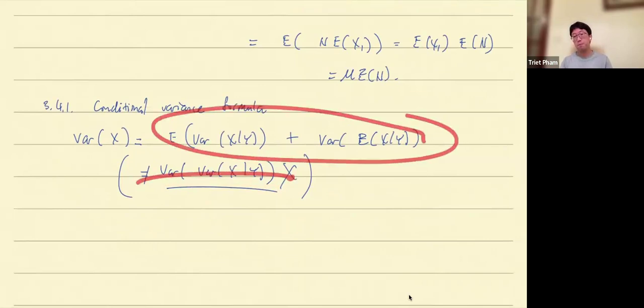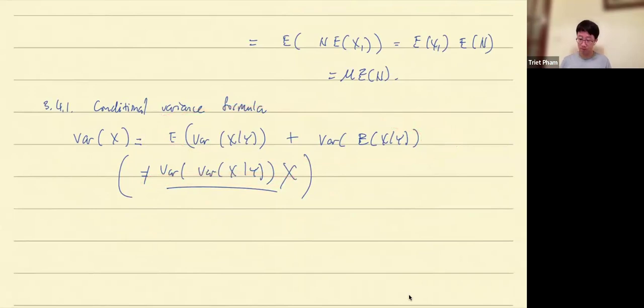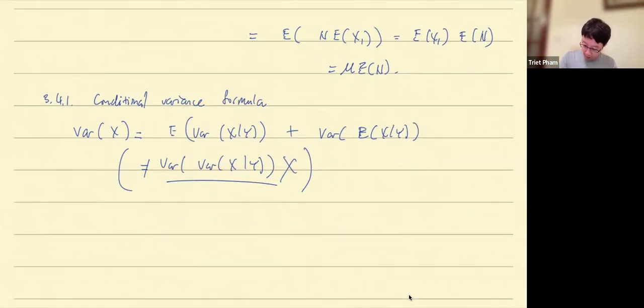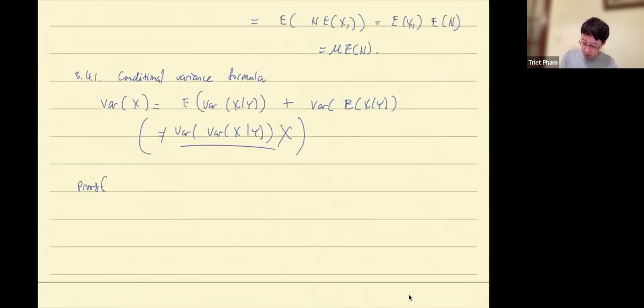This is the right formula. Let's run through the proof of this real quick. Let's do it with the discrete case. The continuous case is the same, but this is true in general. You don't have to restrict yourself to the discrete or continuous case.